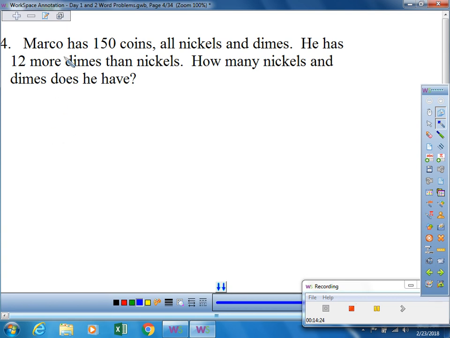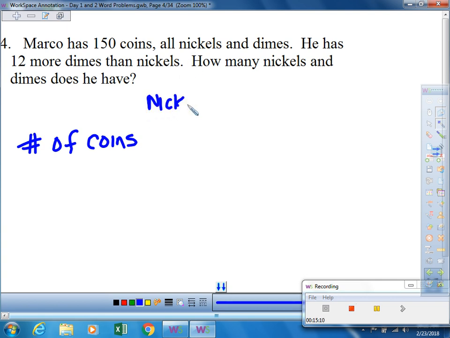So, remember on the last one we had number of coins and a value, right? Do we have the number of coins? Yes, right? We have 150 coins. So we're going to start with number of coins. What kind of coins? Nickels and dimes. So, do we know how many nickels we have total?